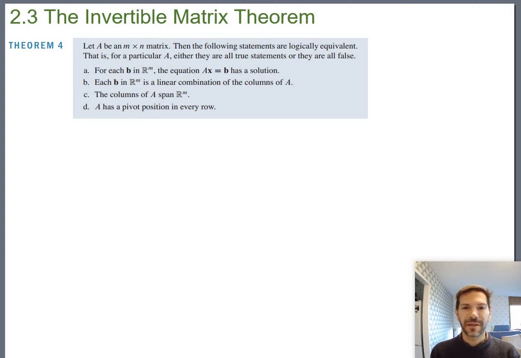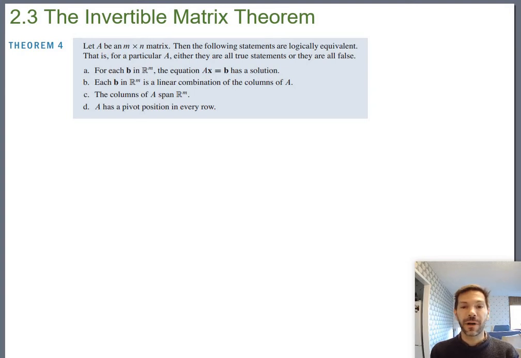So we got this idea that said, if you use this matrix and set up an equation, Ax equals b, and that is always solvable for each and every b in the output, that's one statement.